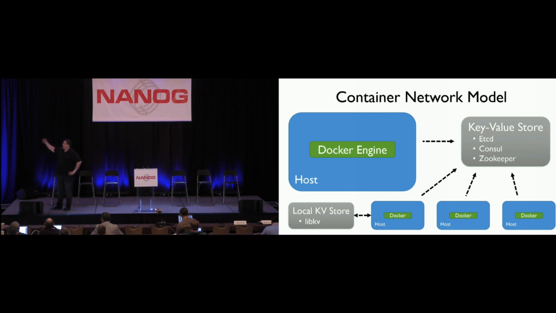So in the container networking model, Docker decided to use something called a key value store. Key value store allows you to store network information, both for networks and for containers. Now, imagine that you have a definition for a network, and you want that definition to be consistent across multiple hosts.